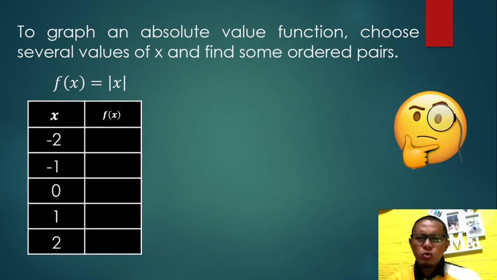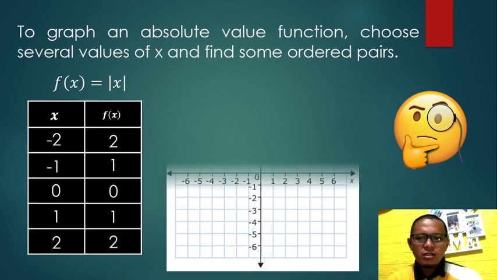What is the absolute value of negative 2? That is 2. How about negative 1? That is 1. How about 0? 0. How about positive 1? Positive 1. How about positive 2? That is positive 2. Always remember, there is no negative in the absolute value.